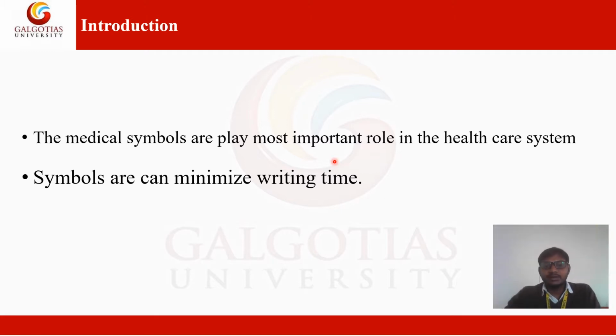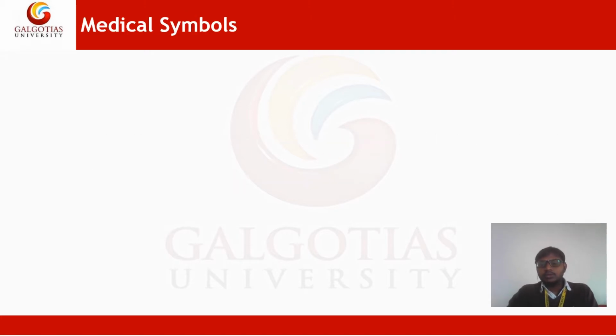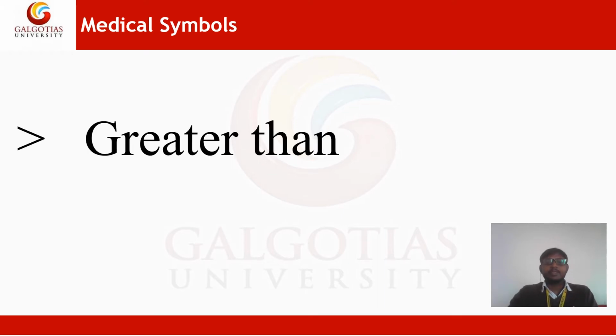Let's see the symbols. What are the symbols here? Now, starting with the medical symbols, you can see greater than. I think you know this normal symbol very well, from mathematics, which you studied in the 7th and 8th standard: greater than and less than.